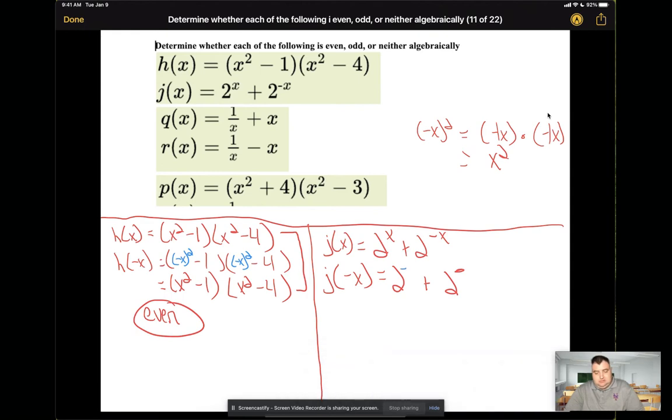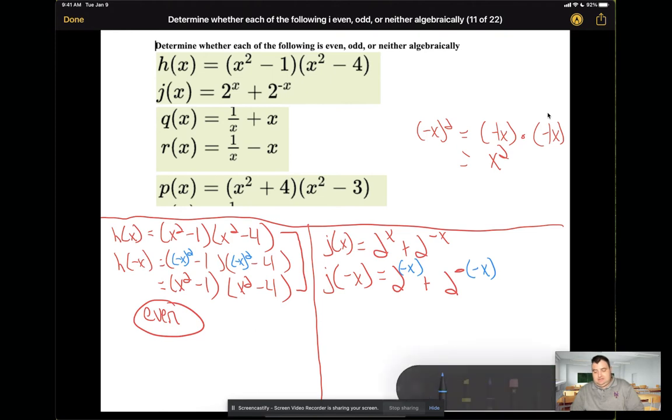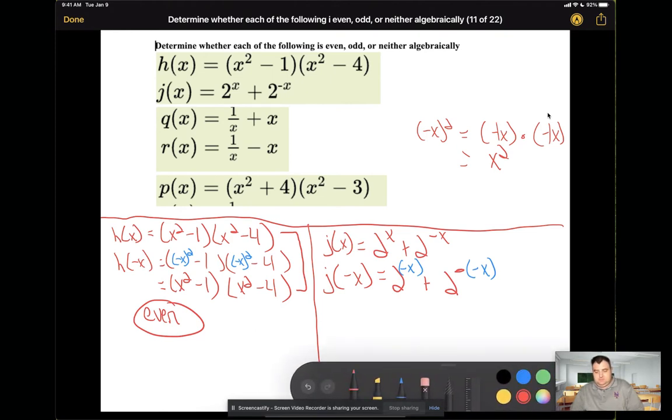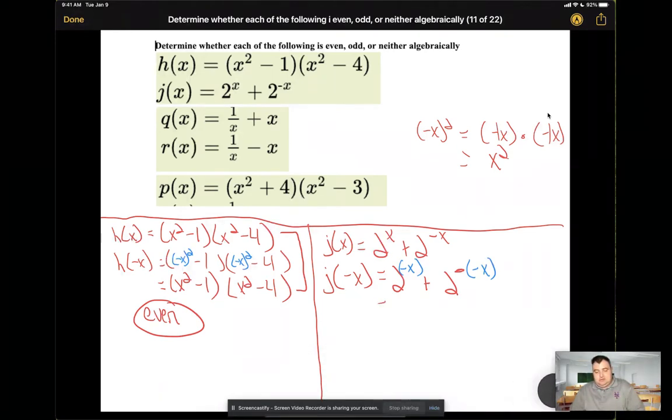So I replaced x with negative x. When I simplify this, this will be 2 to the power of negative x plus 2 to the power of negative negative x.